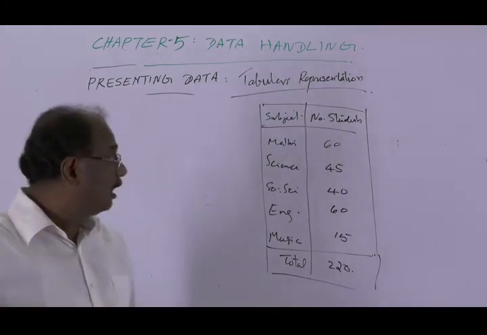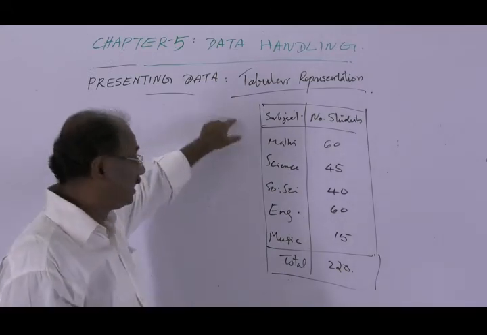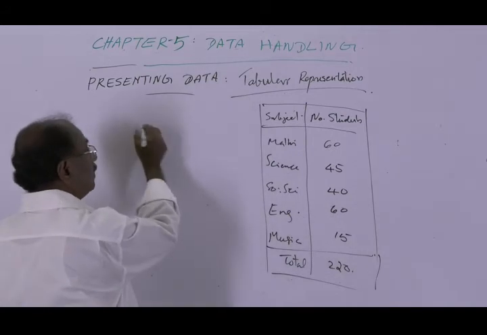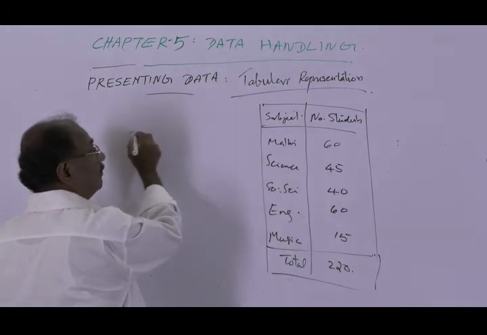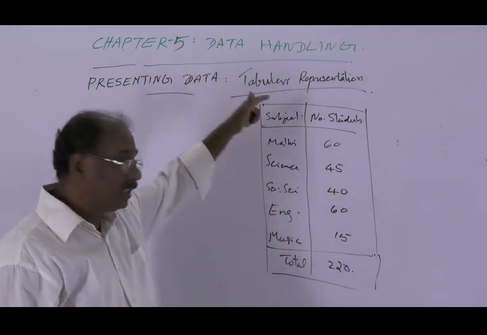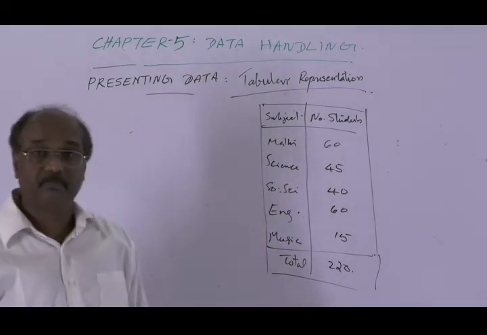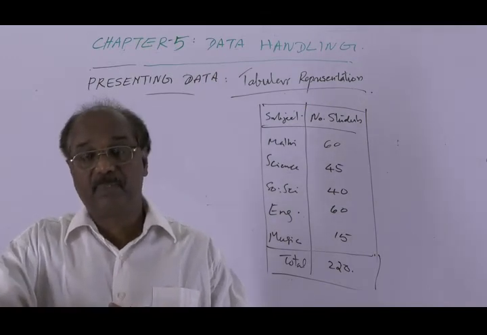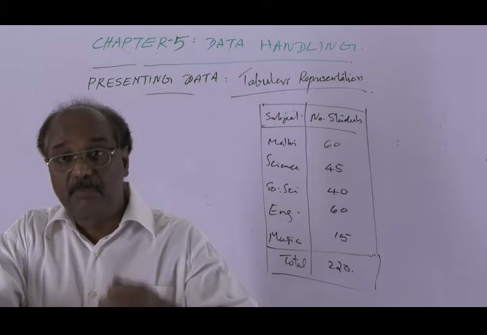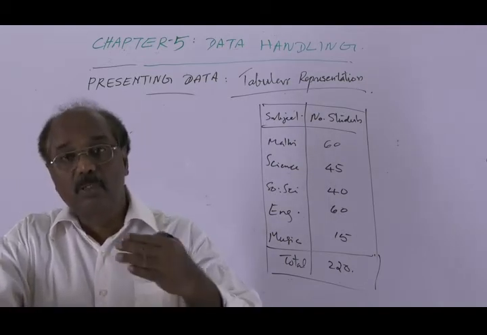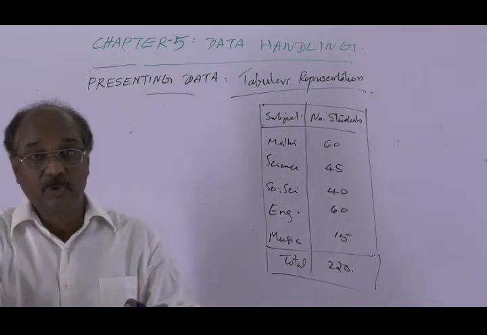And this is called the tabular representation, and it is known as the frequency distribution of the students, or frequency distribution table. Simply we say it is frequency table or frequency distribution.